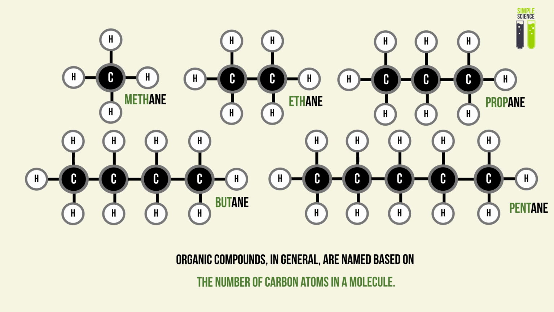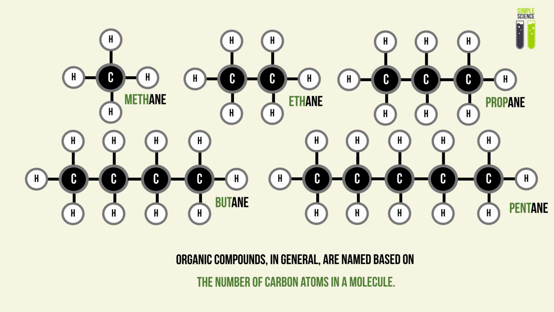So what makes all of these 5 compounds differ from each other? As you can see here, their names are obviously different. But what makes their names different is the number of carbon atoms in each of these molecules. In other words, for alkanes and organic compounds in general, the number of carbons in that molecule will determine its name.